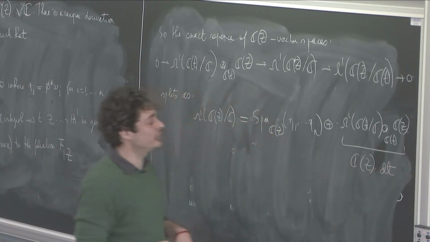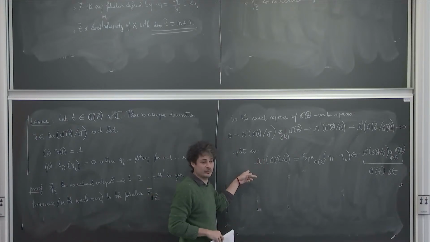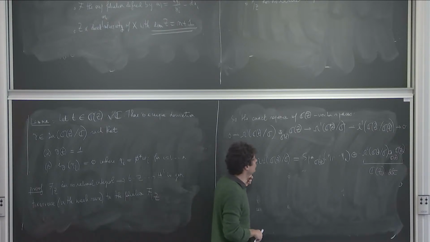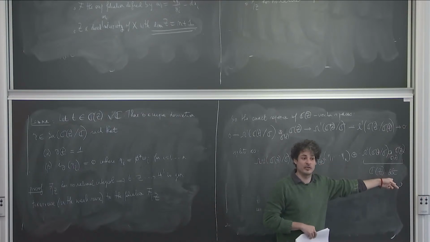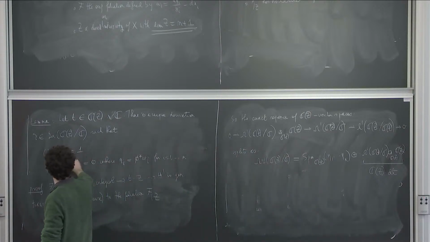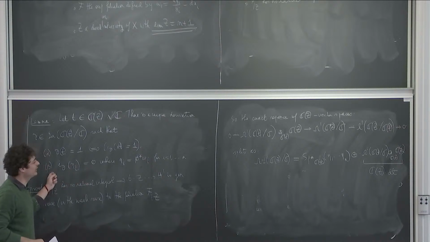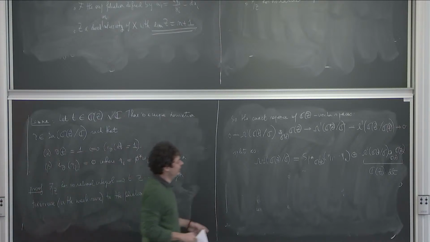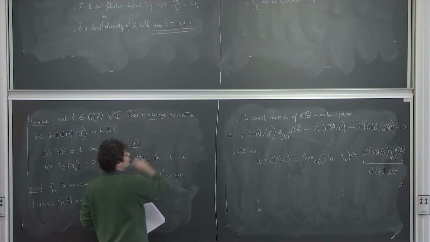So this is just C of Z dt. Okay, so what this tells me, this is the dual of the space of derivations, and so giving a derivation is uniquely determined by giving the value, the interior product of the derivation with eta 1, ..., eta n, and the interior product with dt. Okay, and the first part here tells me that the interior product with dt is equal to 1. And this gives me the interior product with the eta i, and therefore this condition characterizes a unique derivation.